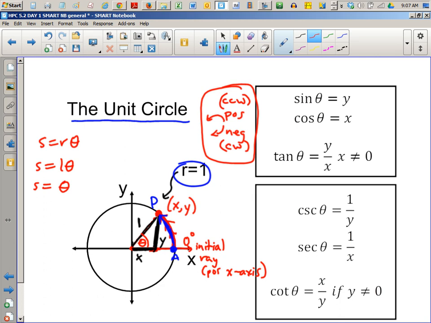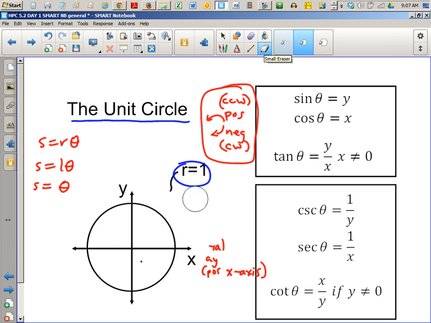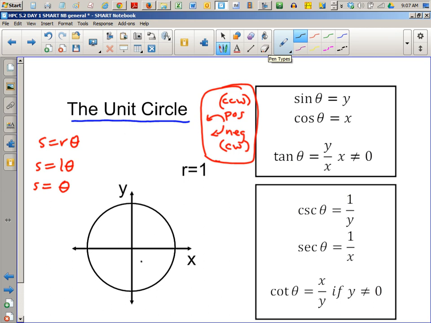So why don't we just do SOHCAHTOA instead of this? Here's the reason. If we were to go past 90 degrees, okay, imagine we were to go past 90 degrees, something interesting happens. Let's say you told me you wanted me to travel a little further along the circle, right?